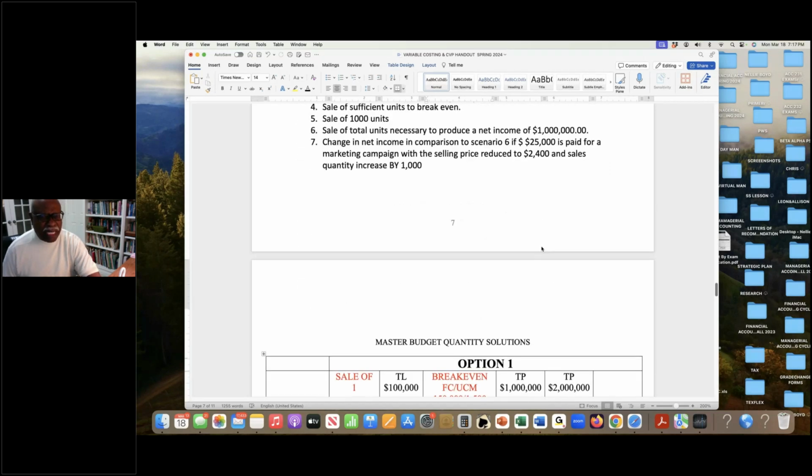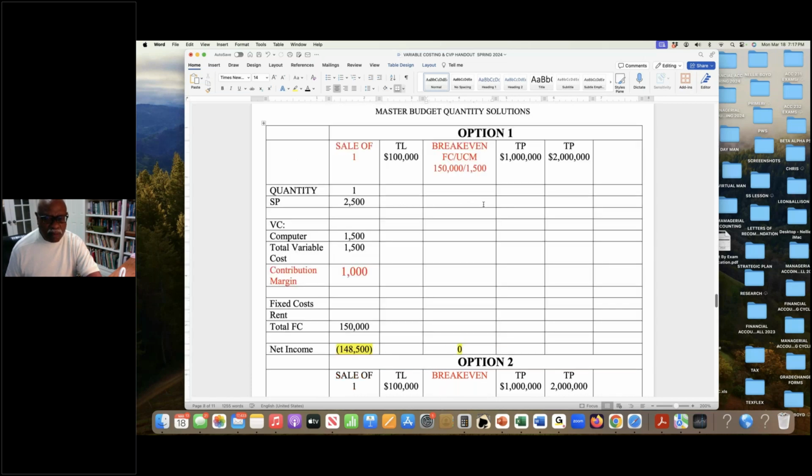Sometimes calculating break even is a whole different thought process, and you're not given numbers, so it can cause problems. That's just nationwide; a lot of times students have issues with that. But you have the setup for it.